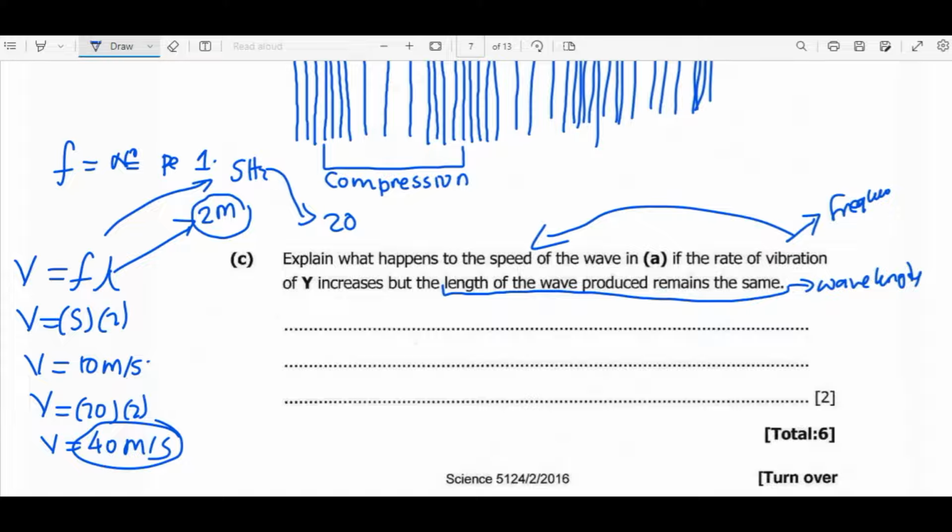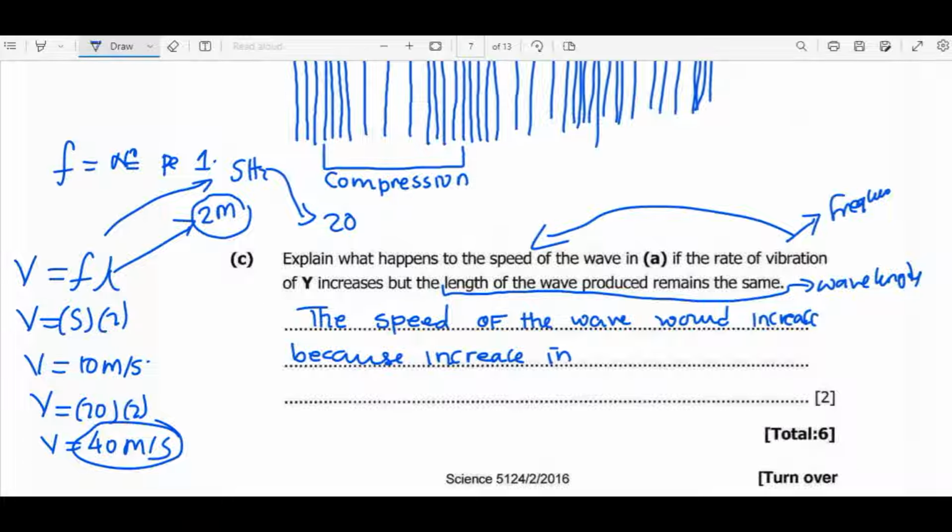So say the speed of the wave would increase because increase in frequency results in increase in speed. So that's what we can say for this one.